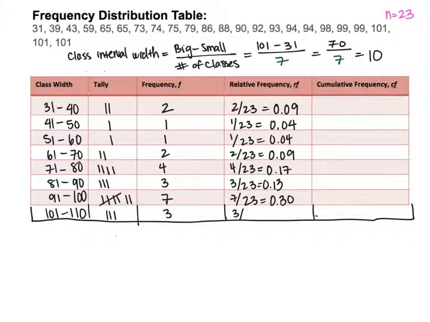And last but not least, 3 divided by 23 is also 0.13.